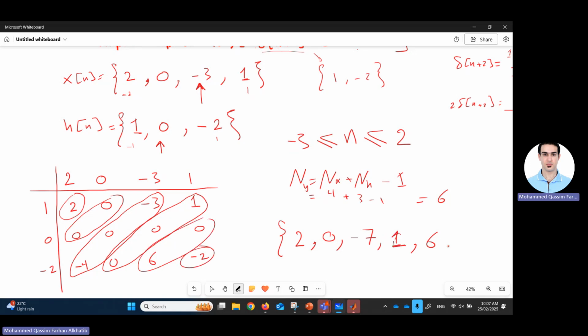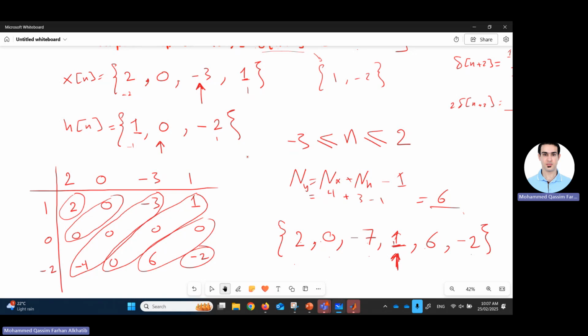And we have a -2 here. Let's confirm how many points. 1, 2, 3, 4, 5, 6, which is the length of the output. And where do we start? So this is -3, -2, -1. I will put the arrow here indicating that's my 0 index. So that starts at -3. I started at -3.